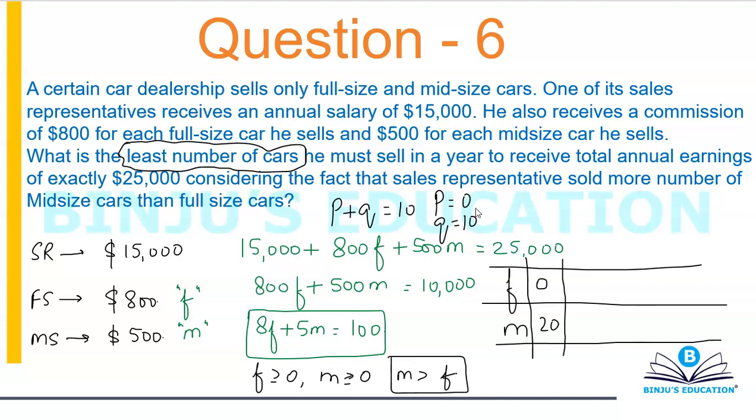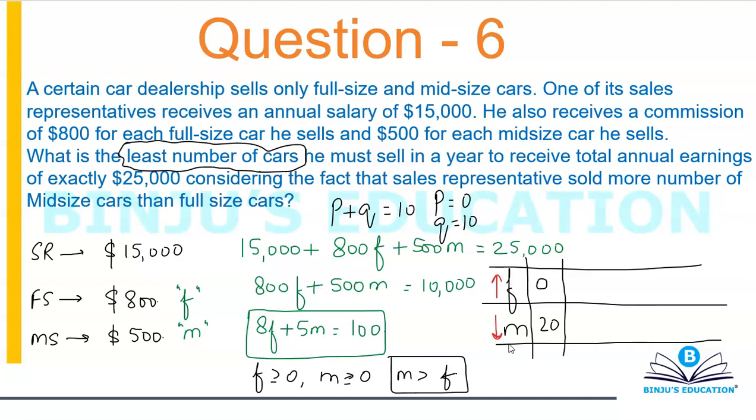Then what should I do? Now you will remember what I'm going to say, it's going to help you. You have to increase f and decrease m, because 20 is the maximum value of m and 0 is the minimum possible value of f.